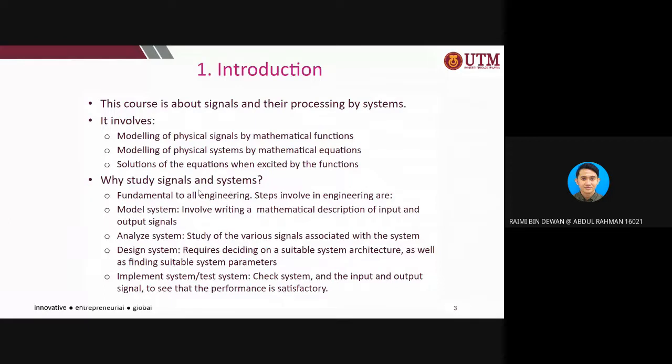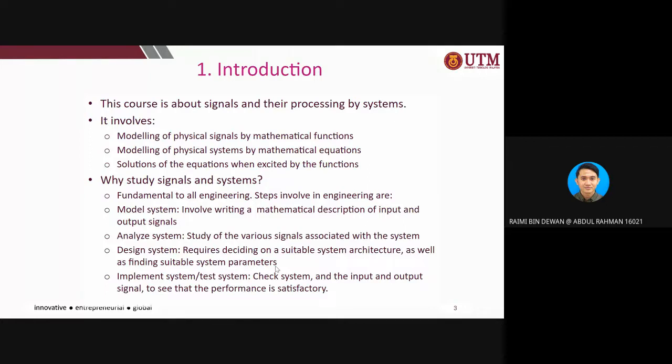So, the system. The steps involved in engineering are to model the system, which involves writing a mathematical description of the input and output signals; analyze the system, studying the various signals associated with it; and design the system, which requires deciding a suitable system architecture as well as finding suitable system parameters. When we are involved in design as engineers, we need to decide whether a parameter is acceptable for our system or not. Here engineers come in to make decisions.